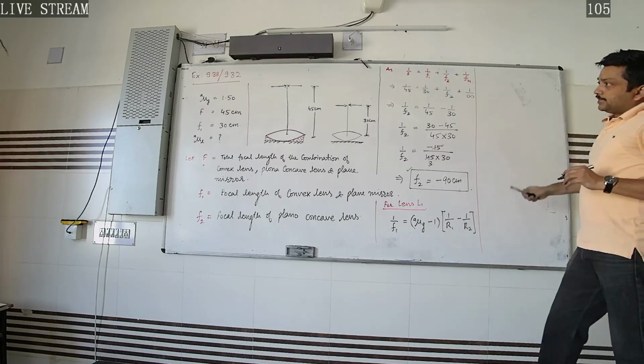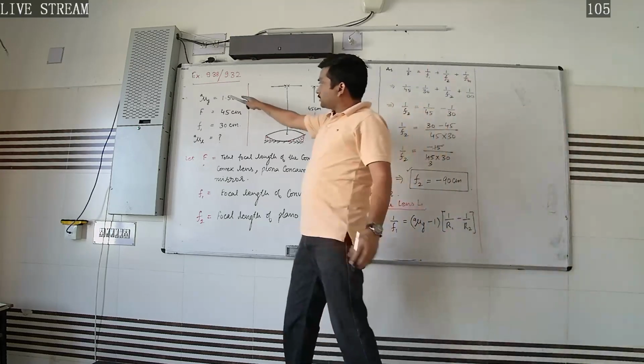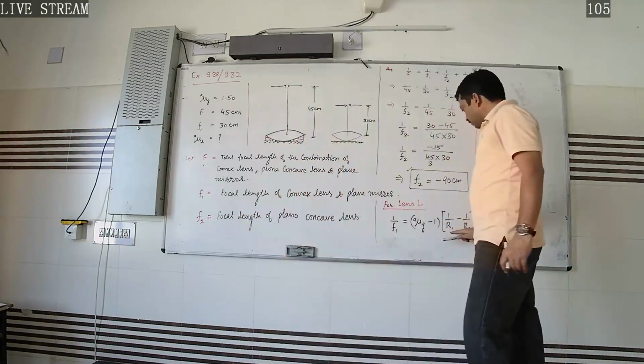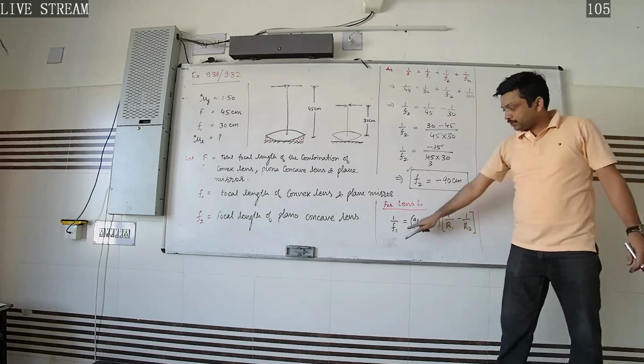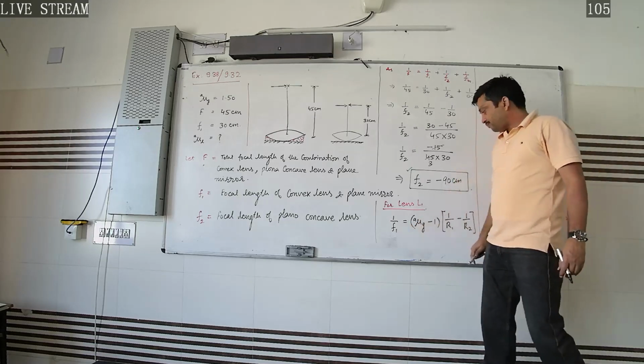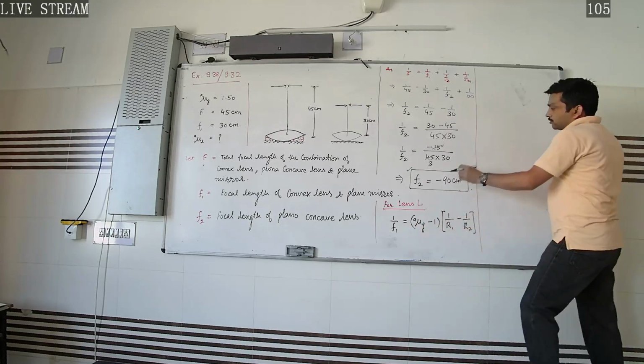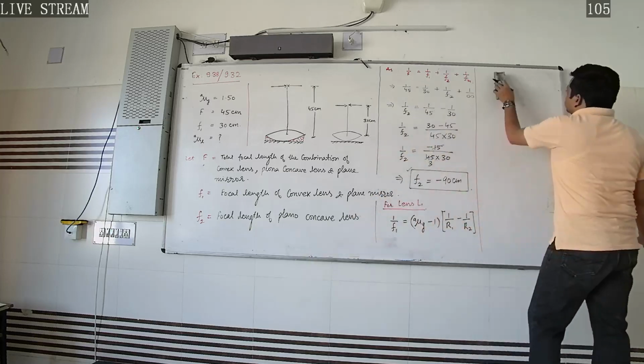Here aμg is given to us. We are not provided with R1 and R2, but we have the value of F1. Putting the values here, what do we get in the next step?